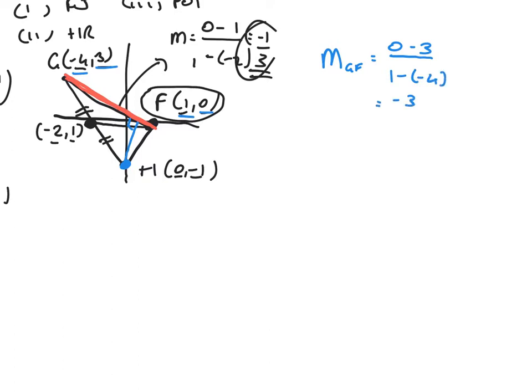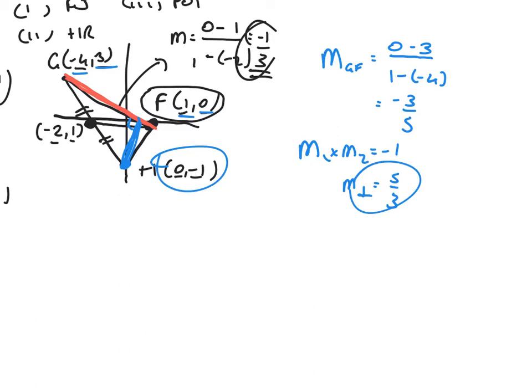And that's -3 over 5. To now find the gradient of the altitude, we'll need to think about m1 m2 equals -1. So we'll flip it over, change its sign, and the gradient of the altitude then is positive 5 over 3.